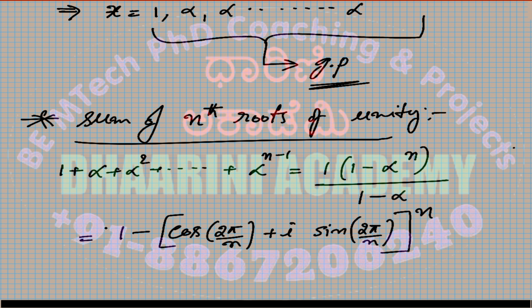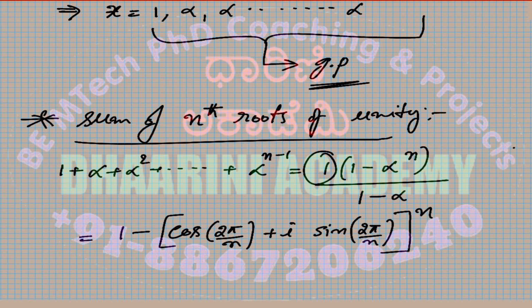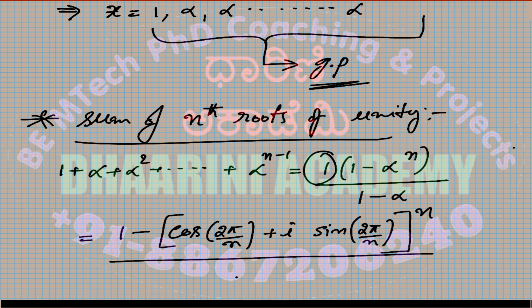This whole thing is divided by 1 minus alpha, which is once again the same thing, cos 2 pi by n plus i sine of 2 pi by n.